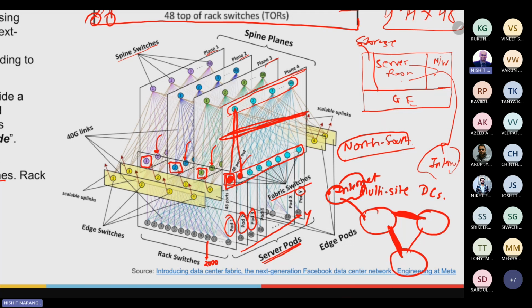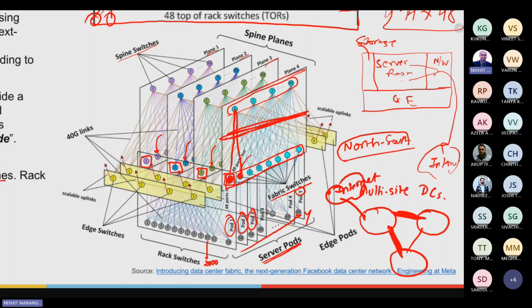Now, the reason why these edge pods may not be to the same number as what you see inside of the data center network is representative of the fact that the north-south traffic, or the traffic that goes outside of the data center, is lower compared to the traffic that flows within the data center. The server traffic is much higher.